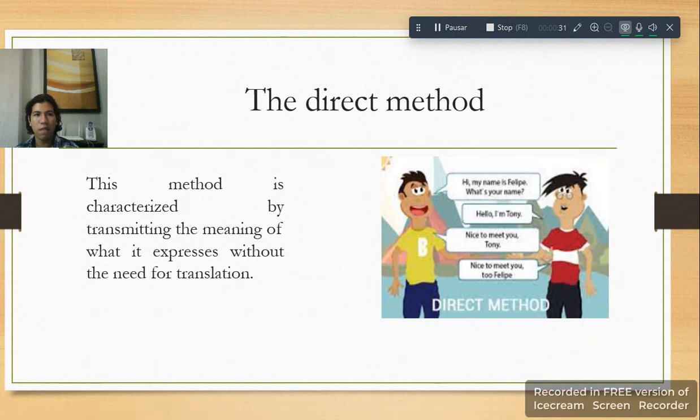The students only have questions in English and have to respond only in English, like the example in the forum. In this method, the student correlates feelings and emotions with the words, because this is the direct method.